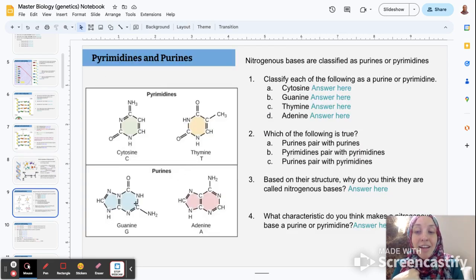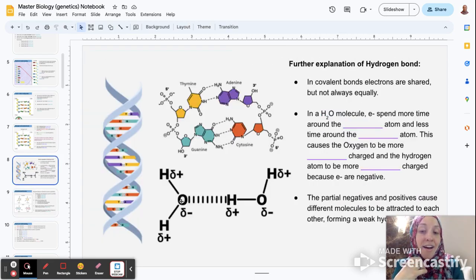So the electrons hang out next to the oxygen more than the hydrogen. If we have more electrons near the oxygen, then it would be more negative. And if the electrons spend less time by the hydrogen, it's going to be a little bit positive. So this little bit negative and this little bit positive of 2 different molecules, this attraction is called a hydrogen bond. Okay?